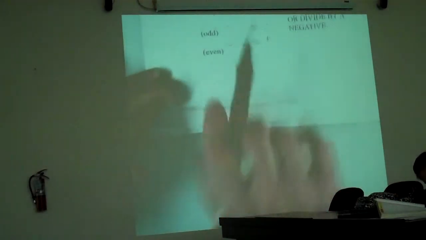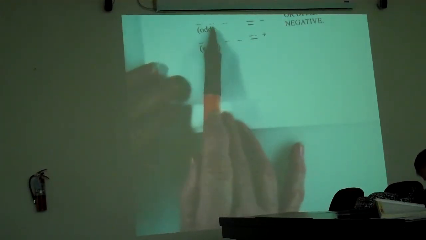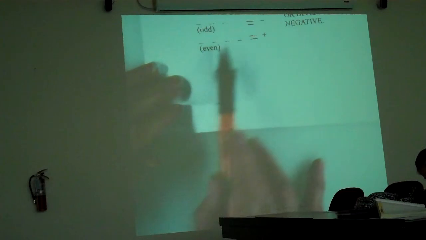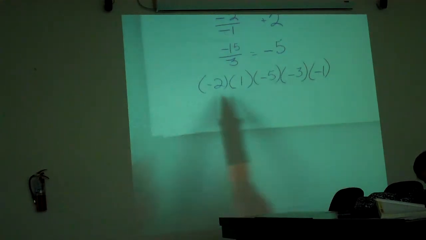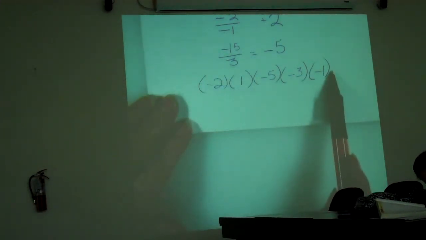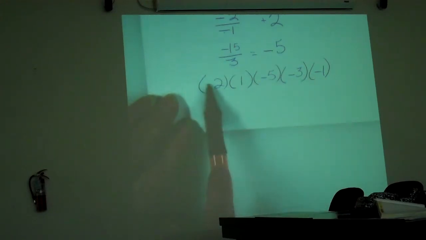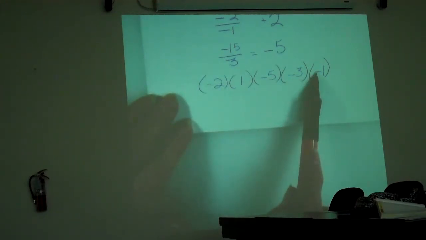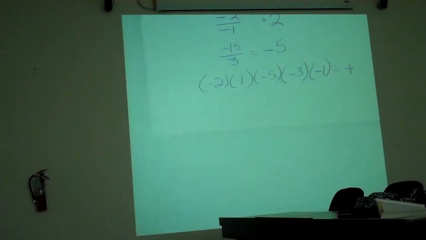So this is where we're going to use these rules right here. If it's an odd amount, it's negative. If it's an even amount of negatives, it's positive. Okay? You're only counting the negatives. You're not counting how many numbers you're multiplying. You're counting how many negatives there are. There's 1, 2, 3, 4. Since it's an even amount, it'll be a positive answer.